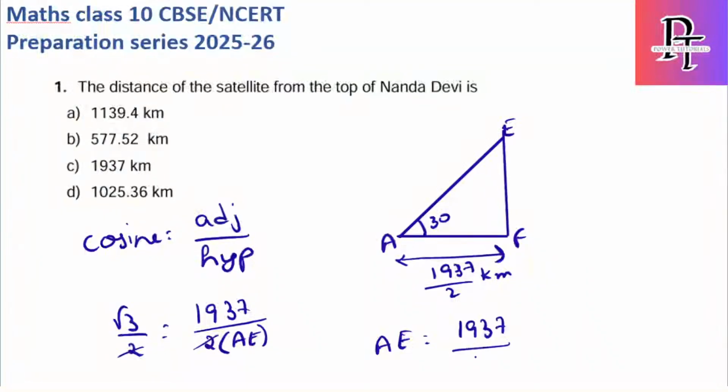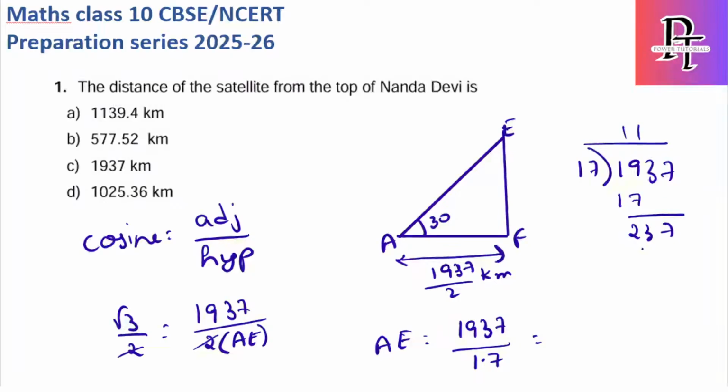1937 by root 3 value, which is 1.732. So let's check with 1.7 and see what the answer is. Let's divide this. 17, 19, 17, 1, 17, you will get 23.